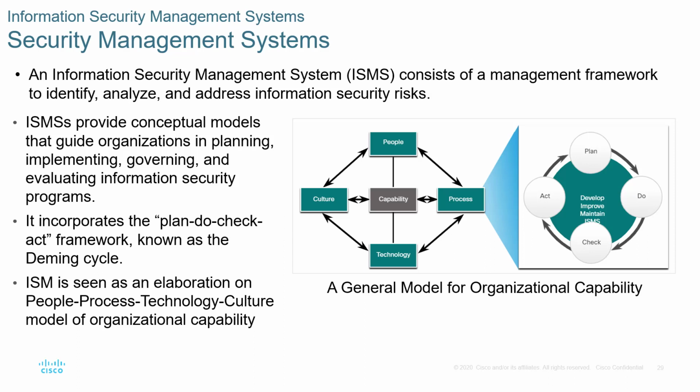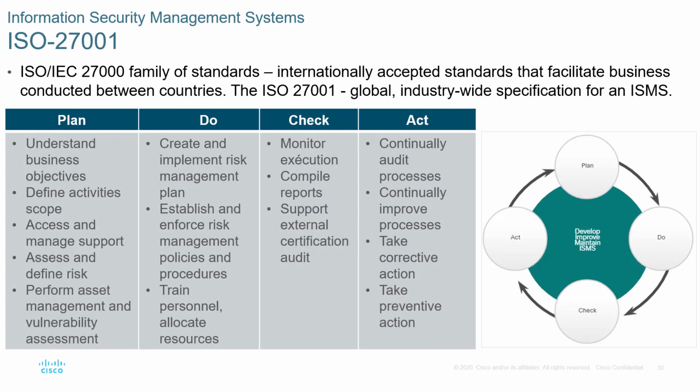And then we have a life cycle phase that we implement. We plan, do, check, and then act. And again, this is a life cycle so that we keep repeating it. All of this looks at the culture, people, process, technology and capability of the organization to see the model of protection and security for that organization.